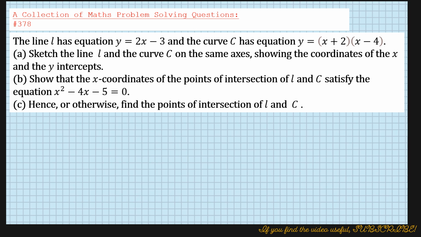So to start with, I'm going to draw my rough axis. It's a rough drawing, it's not going to be absolutely straight. But if this was my x and y axis, then to draw the line y equals 2x minus 3, when y is 0, then 2x is 3, and x would be 3 over 2, that is 1.5.